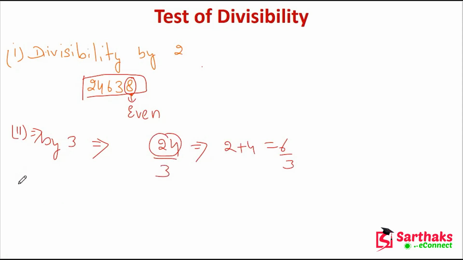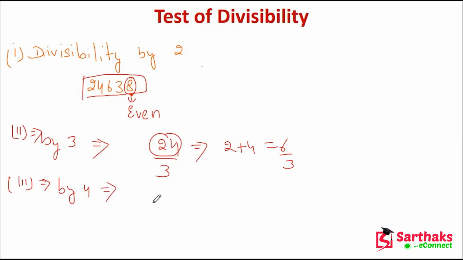Okay. So the third condition is divisibility by 4. I'm not writing divisibility again and again, I'm just writing by. So you have to understand yourself. What is the condition? The number formed by the last two digits of a given number must be divisible by 4.